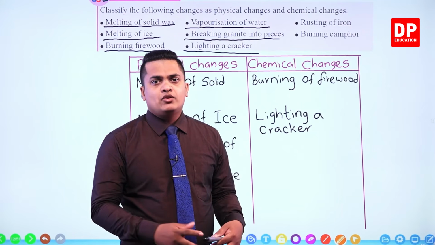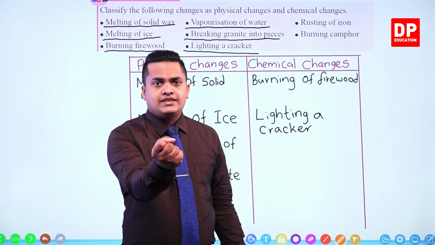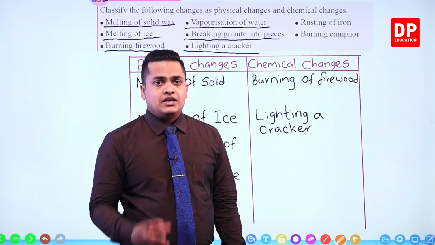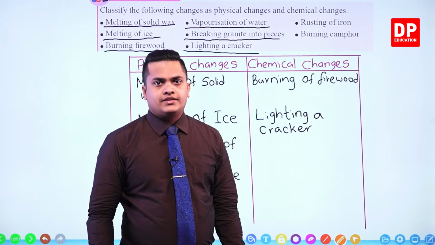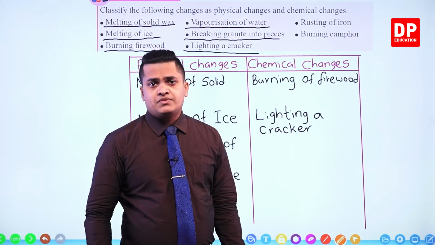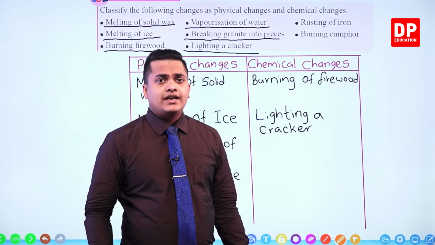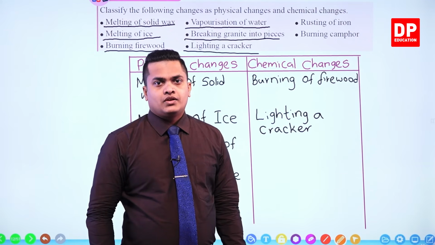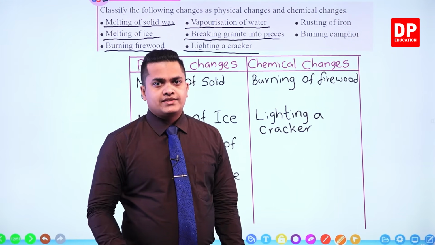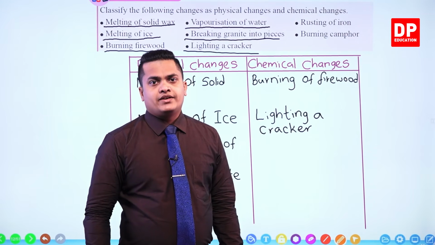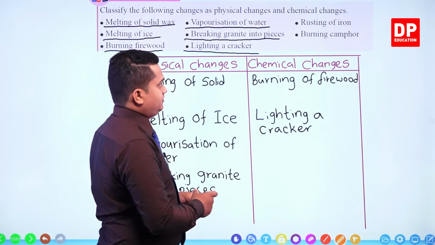It's going to break into very small pieces. You can even crush it like this if it has rust. It's because new substances are getting created. Iron rust is a very new substance. By collecting iron rust, we can't recreate iron. So therefore, it's a good example for a chemical change. So rusting of iron is a chemical change.